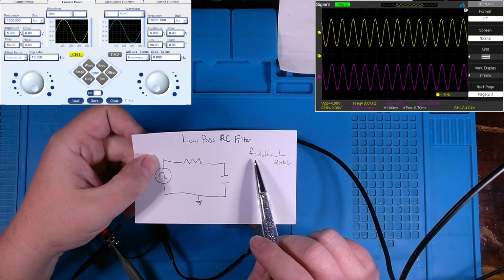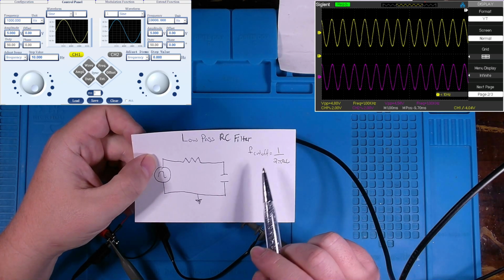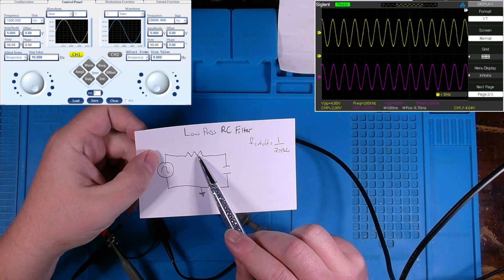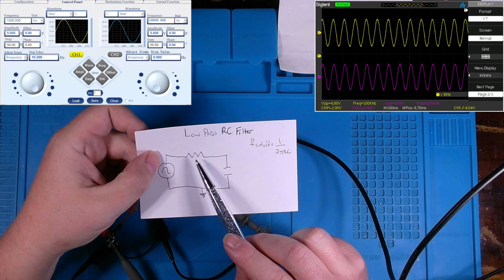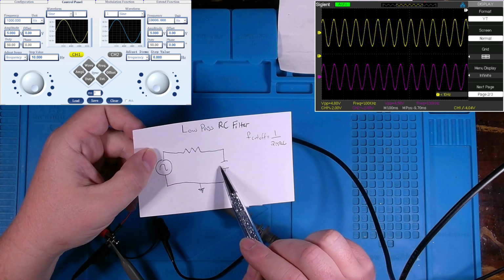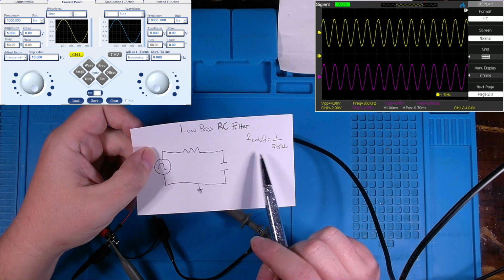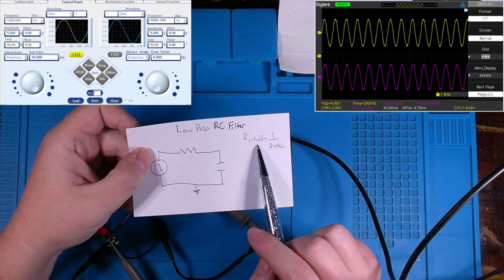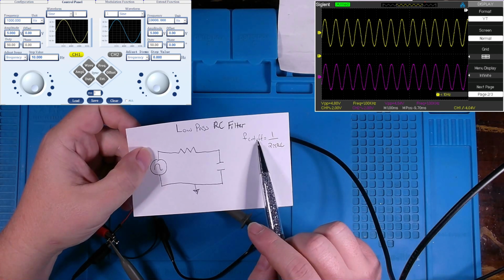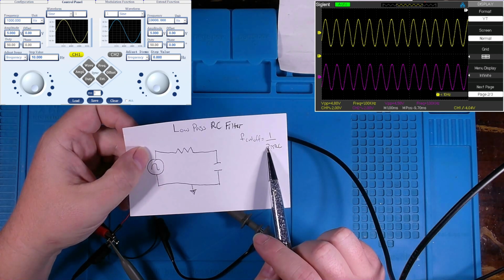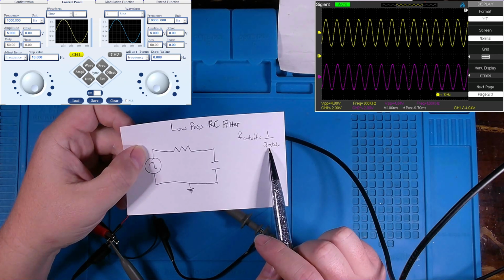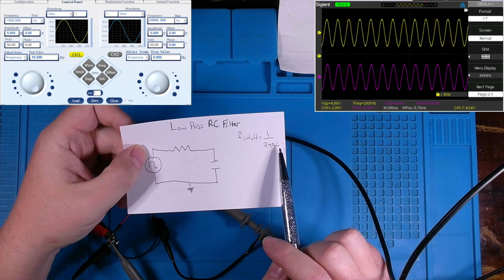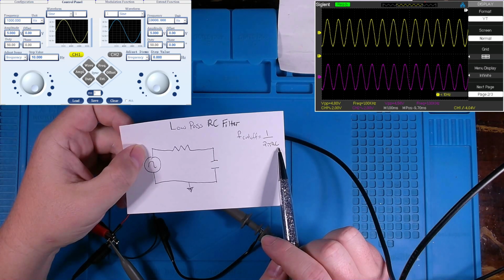And if you want to determine the cutoff frequency when you're making a circuit like this and establishing values for your capacitor and your resistor in an RC circuit, the formula for frequency cutoff is: frequency cutoff equals 1 over 2 times pi times the value of your resistor times the value of your capacitor.